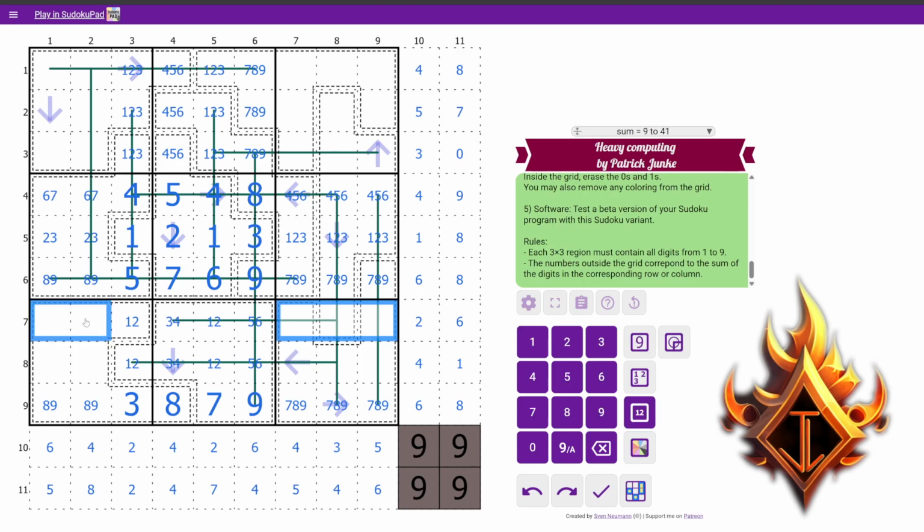If this was 4, 5, we would be at 15, and we would need 11. 5, 6, 7, 8, 9. Don't think I'm ready for that one.